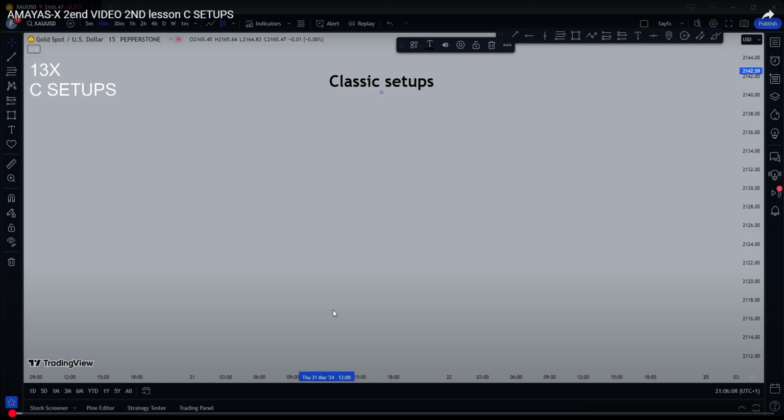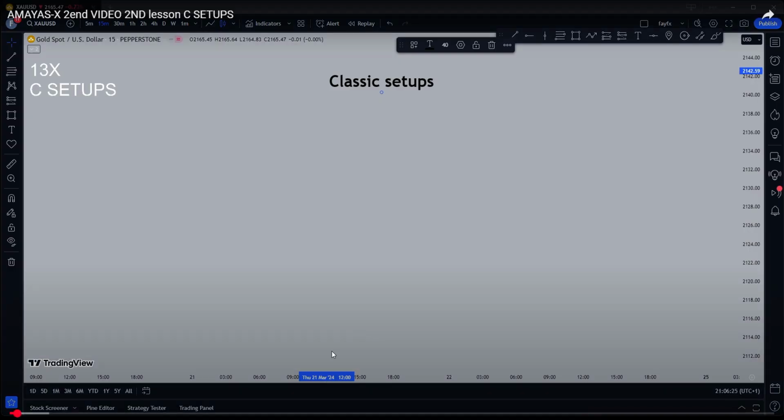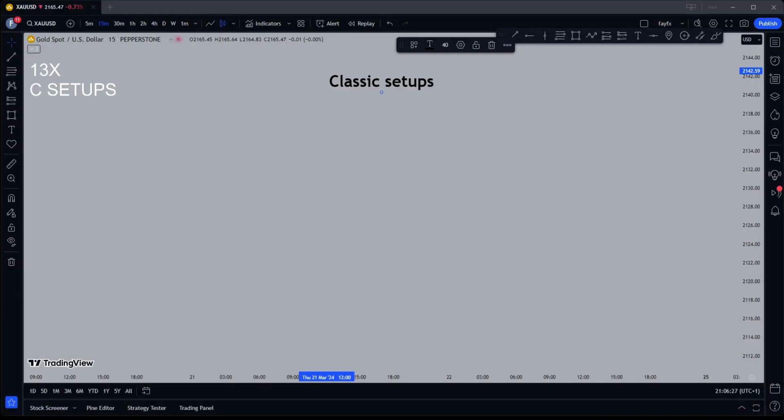This is the second video of the mentorship. We are going to see C setups or classic setups. We learned in the first lesson about the levels we use. I think by now you know how to pick and to mark them. We did learn about the confirmation candle, a CC, that should be bullish for a V level, bearish for A level, bearish for a bearish gap, and bullish for a bullish gap.